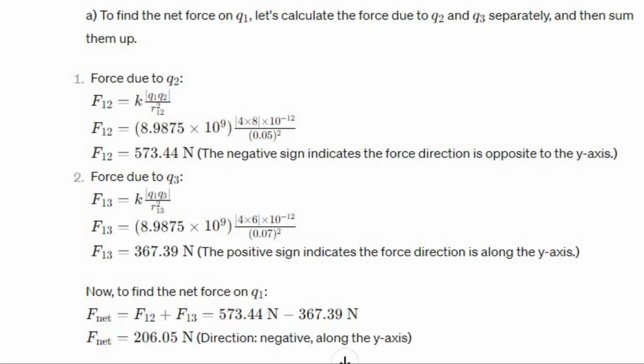F net equals F12 plus F13, equals 573.44 Newton minus 367.39 Newton. F net equals 206.05 Newton in the direction of the negative y-axis.